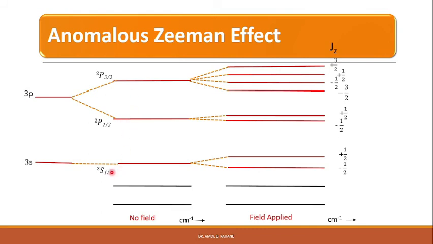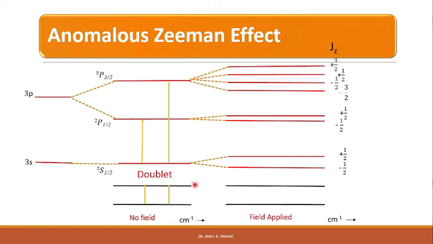The 2S half level has a single level, the 2P half has one level and the 2P 3 by 2 has one level, corresponding to J values 3 by 2 and half. The transition from doublet S half to doublet P half gives one spectral line, and doublet S half to doublet P 3 by 2 gives another. That means we get a doublet structure in the sodium atom in the absence of an external magnetic field.